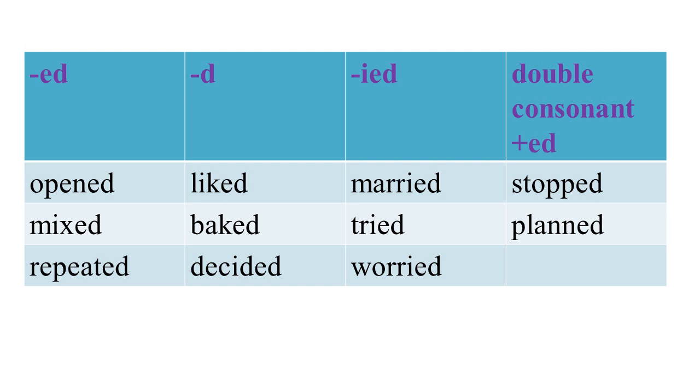In the third column, you can see, guys, the verbs married, tried, worried. And in the last column, we see the verbs with the double last consonant and they are stopped and planned. I hope that you did this exercise correctly. If not, please don't be frustrated, that happens. And let us continue our practice.